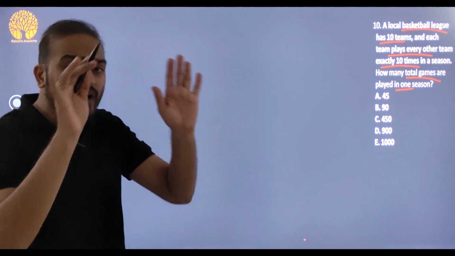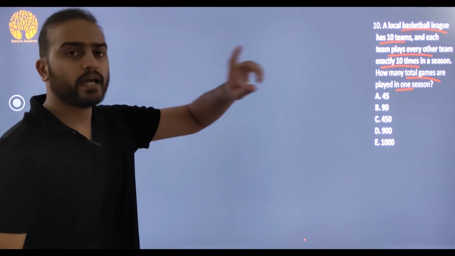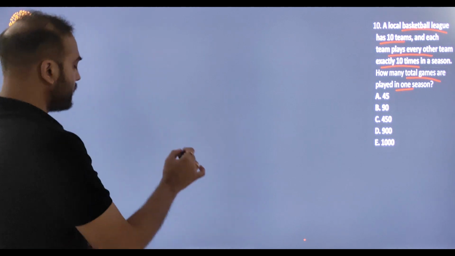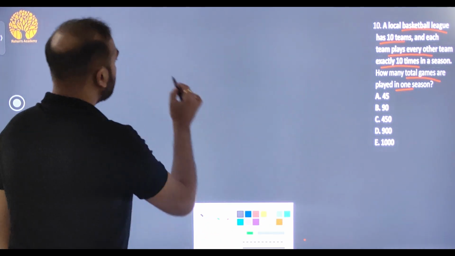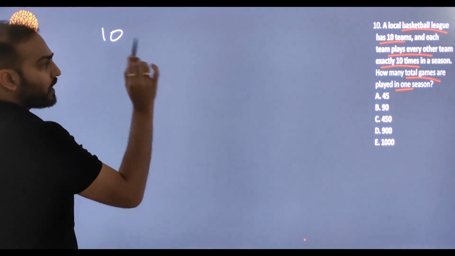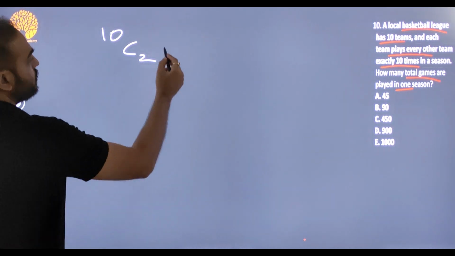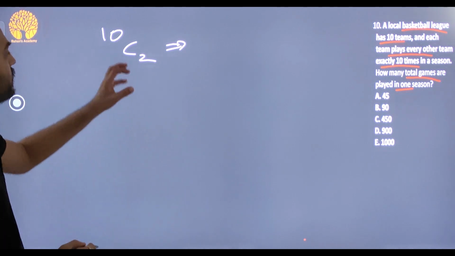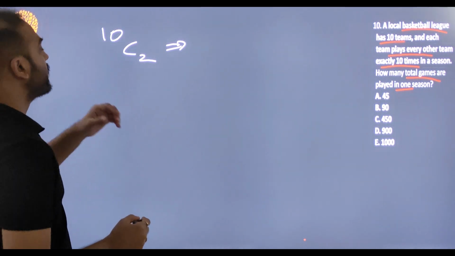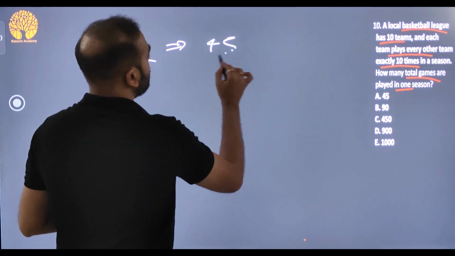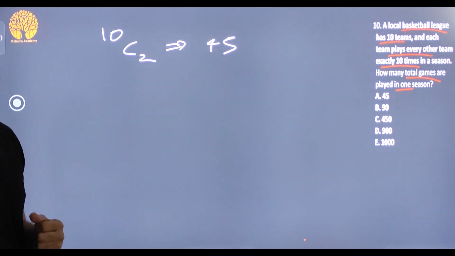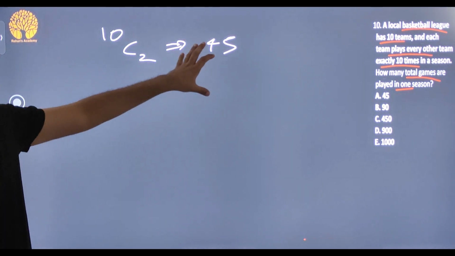So if I just think about one round, and not 10 rounds, there are 10 teams. To have a match, I need 2 out of these 10. So the total combinations are 45.